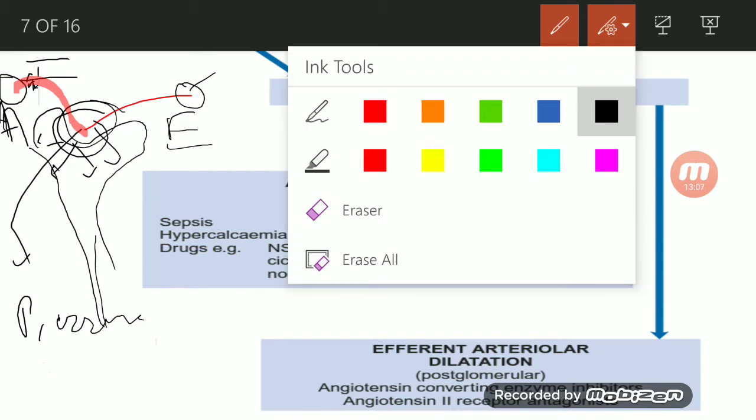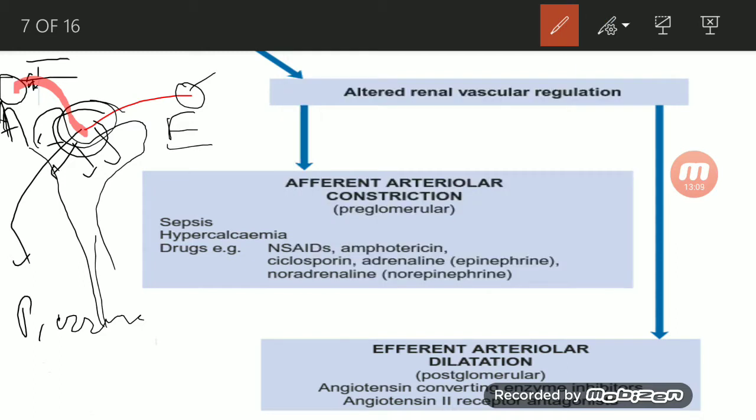This means there will be constriction in your afferent arteriole, which was supposed to be wider or broader, so instead of dilatation, your diameter is going to decrease. This decrease in the diameter of your afferent arteriole is going to decrease the pressure within your glomerulus, thereby affecting the normal blood flow to your kidney as well.